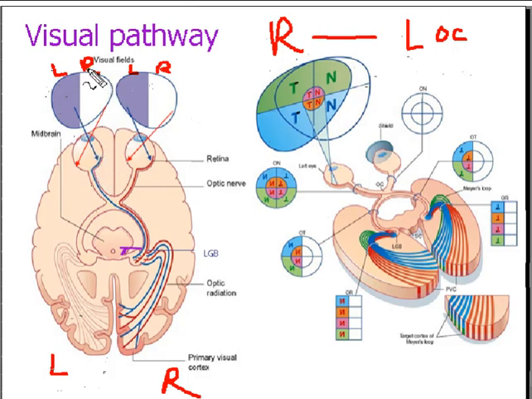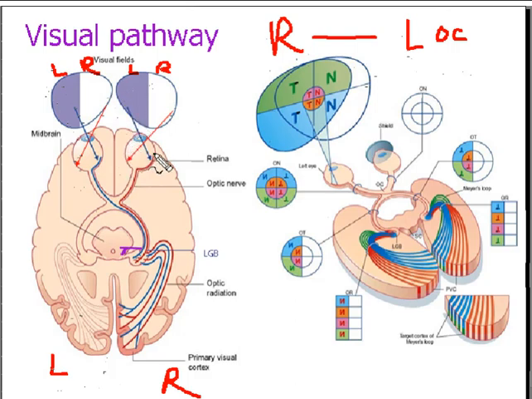So if you look here, from the left field of vision you can see that light is striking the right half of the retina. From the right field of vision, light is striking the left half of the retina. Here again, light from the right field of vision is striking the left half of the retina, because this is the left side of the retina here for this eye, and from the left it's striking the right half of the retina.